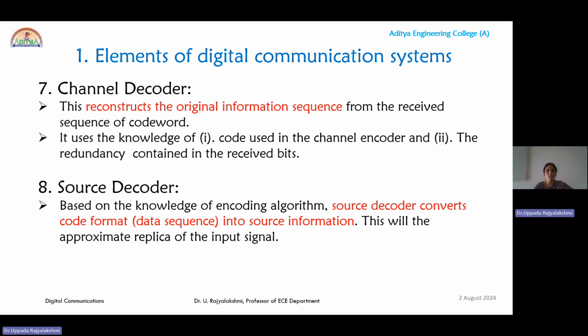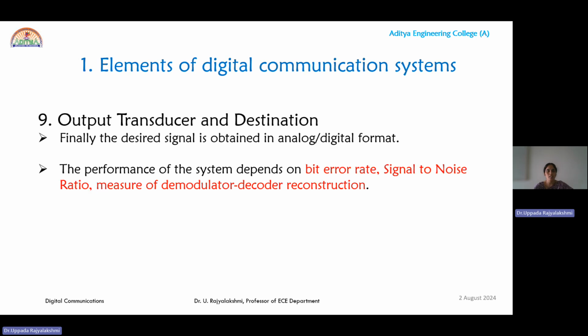And finally, the data, that is a binary stream, is converted into the original message signal format by using the source decoder. This source decoder has opposite functionality to that of the source encoder. So this is an approximate replica of the original message signal, and this data will be collected at the transducer.